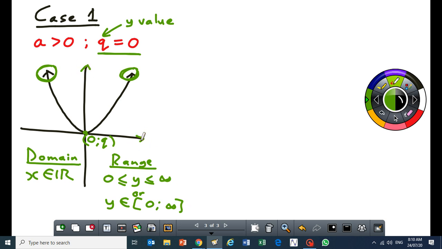This is when A is greater than 0 and Q is equal to 0. And always remember that Q is a y value. It is also the y-intercept. So the y-intercept of this graph is equal to Q, and Q is 0. So the y-intercept of the graph is equal to 0.